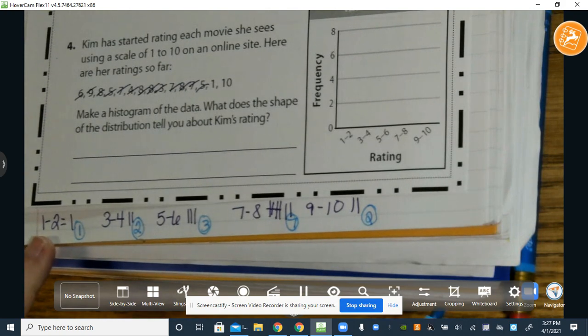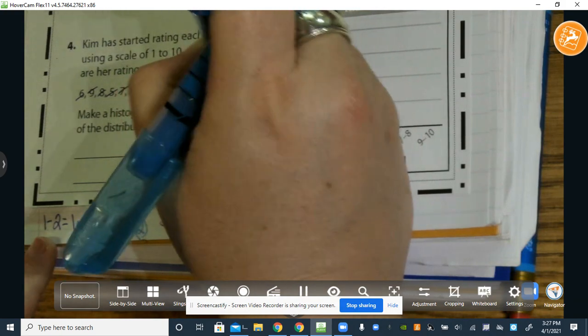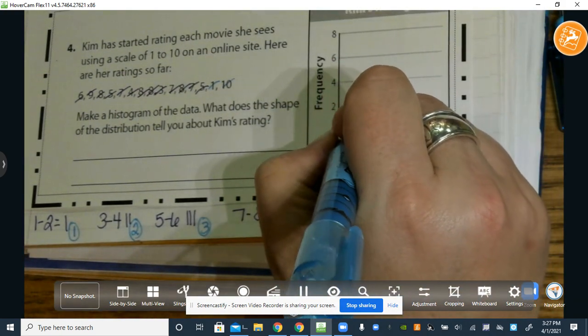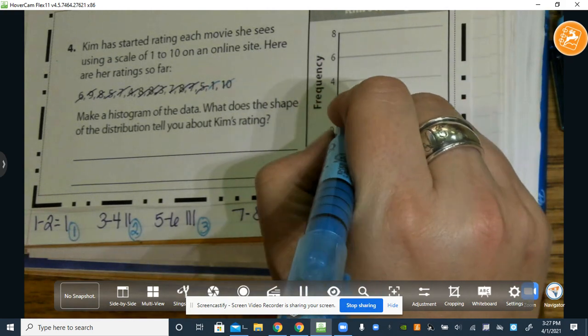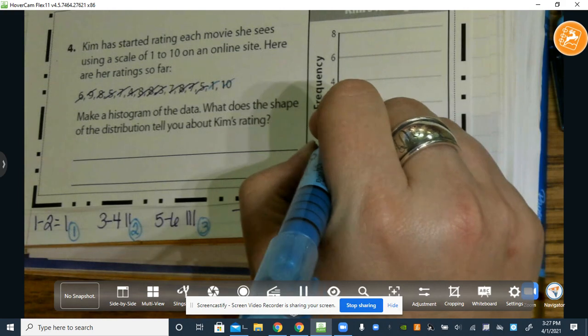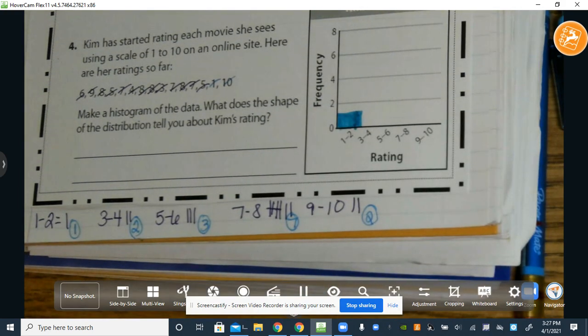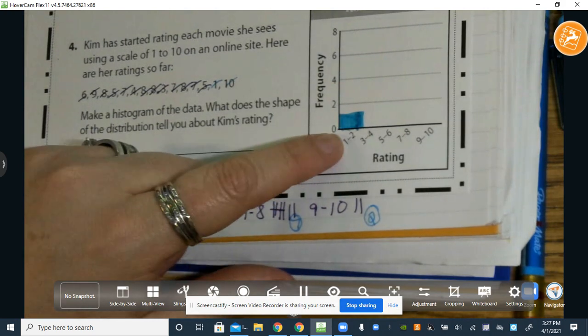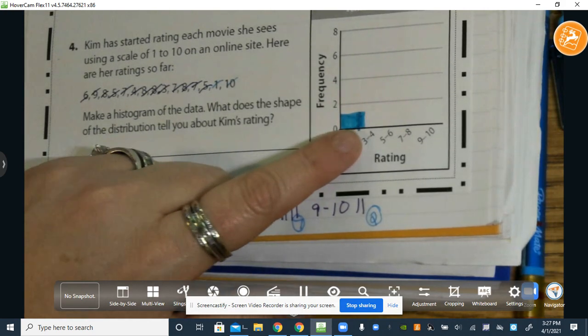So I had one movie that scored a 1 to a 2. So I'm going to come over here and make my bar right there at 1. There we go. I make sure my bar takes up the whole ratings in that interval section.